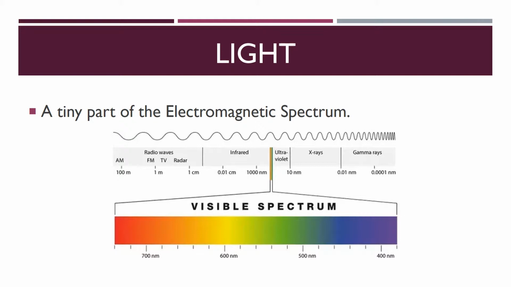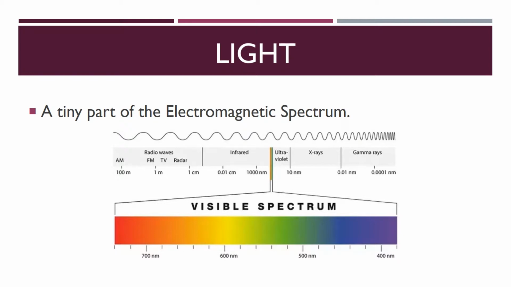In the electromagnetic spectrum, as we go from left to right, we are decreasing the wavelength of the light, but we are increasing the frequency of the light. So we can say that they are inversely proportional. When we increase the wavelength of the light, we are decreasing the frequency, and when we decrease the wavelength of the light, we are increasing the frequency.